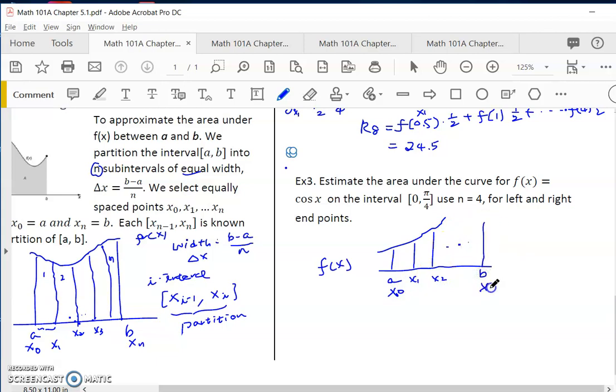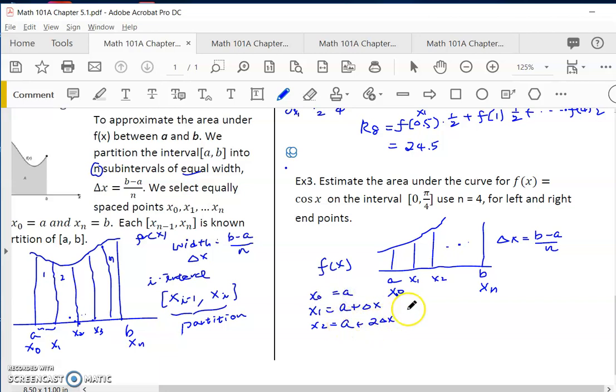So x1 is a plus delta x, right? And in all these cases, delta x is equal to b minus a over n. So x2 is a plus 2 times delta x, because I have 1 delta x, 2 delta x, right? x0 is just a.